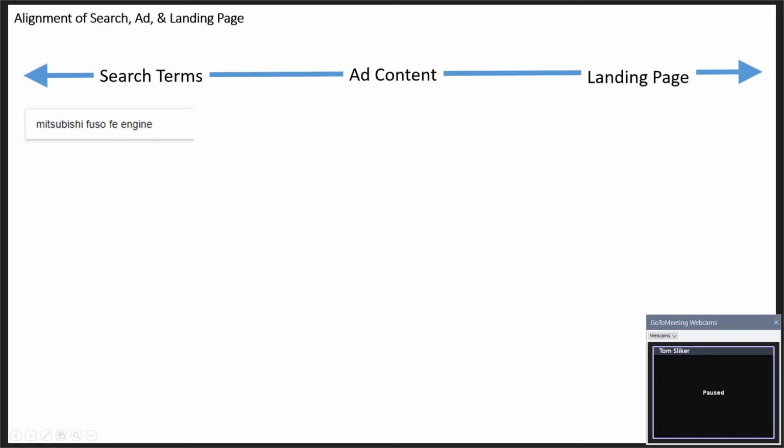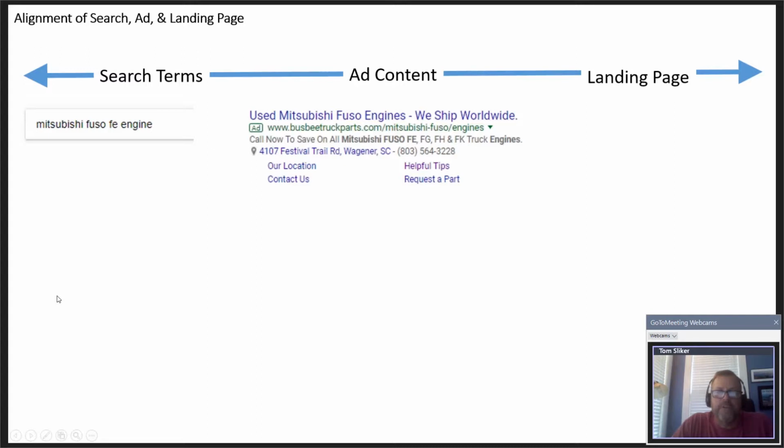To demonstrate what Margie was discussing, we want to have an alignment between the search terms, in this case a Mitsubishi Fuso FE engine, so somebody's typed that into Google, and our advertisement.